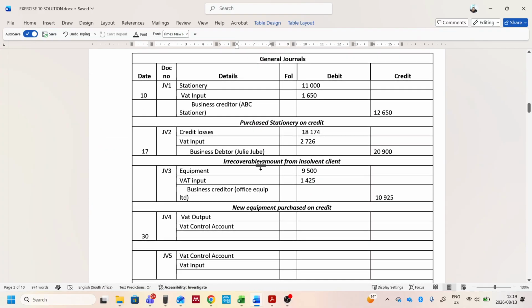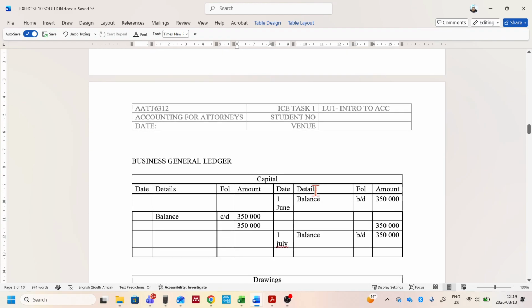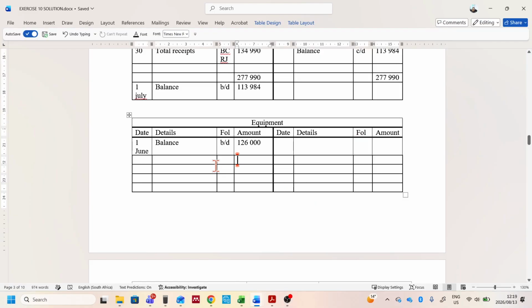General journal, yes, we did buy equipment on credit. When we bought it, the value of equipment was how much? 9,500. So we bought it from who? Business creditor, Office Equip Limited. So the same double entry is going to be followed. Equipment is being debited. The transaction occurred on which date? 17th.